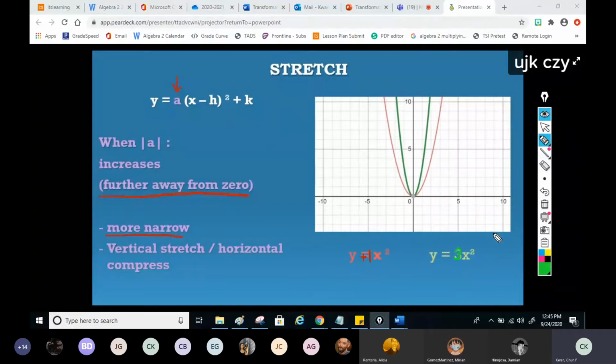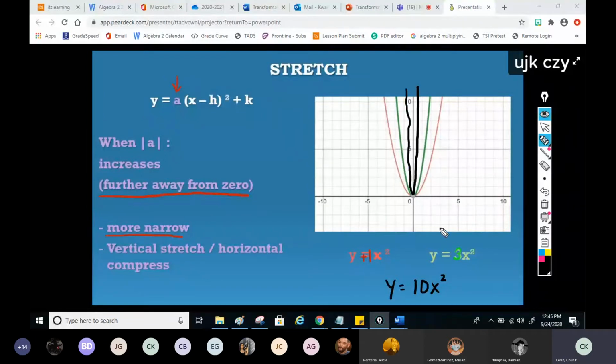And the greater the number, the more narrow it is. So let's just say I have another graph that is y equals 10x squared. The bigger the number is, the more narrow the graph is going to be. For 10x squared, you'll be looking at a graph that is really skinny.